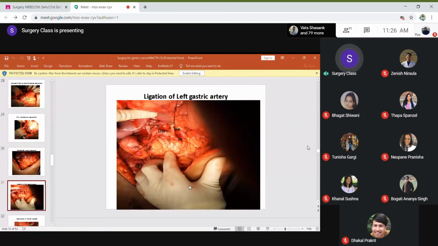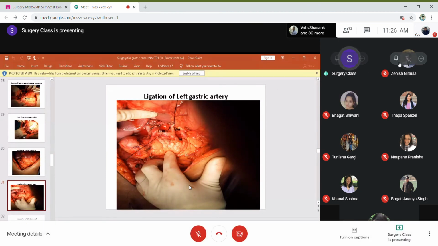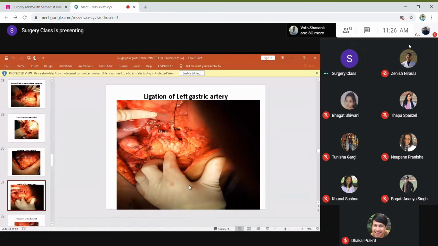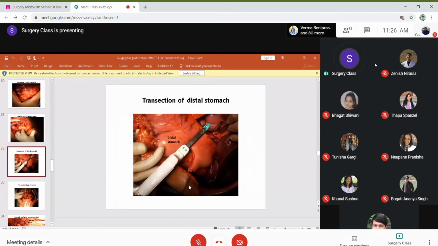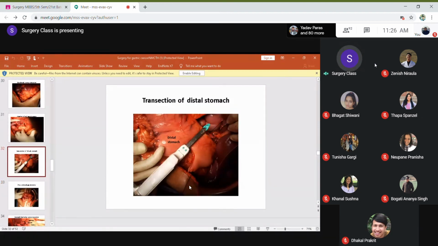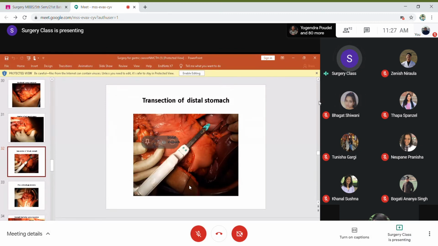Then ligation of the left gastric artery. Once we lift the stomach up, you have to ligate the left gastric artery. And then you see the stomach is being transected now. Transection of the stomach.